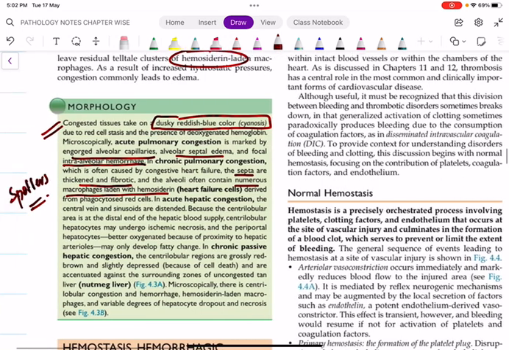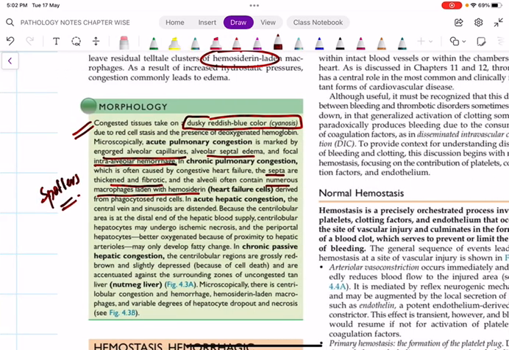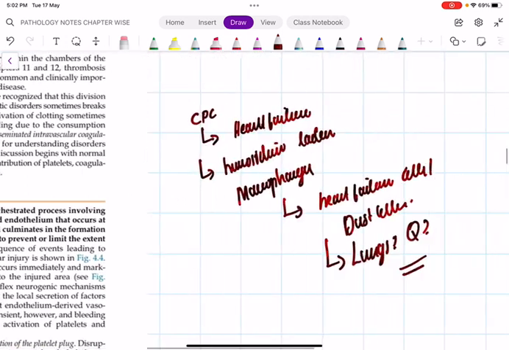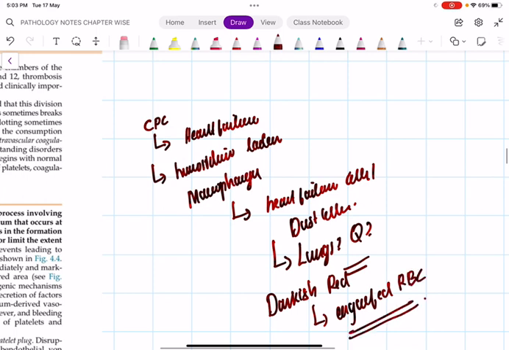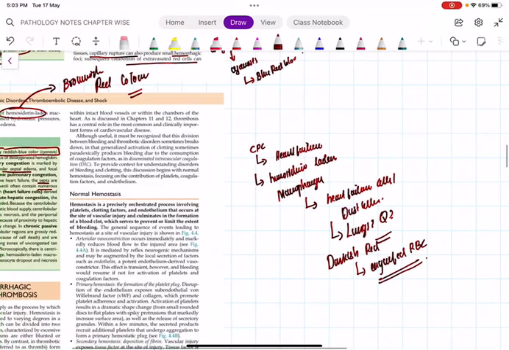This is a hallmark feature of congestive heart failure. These cells appear darkish red in color because of the engulfed RBCs. I hope it is very clear.